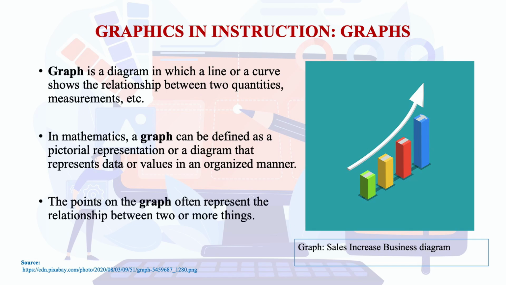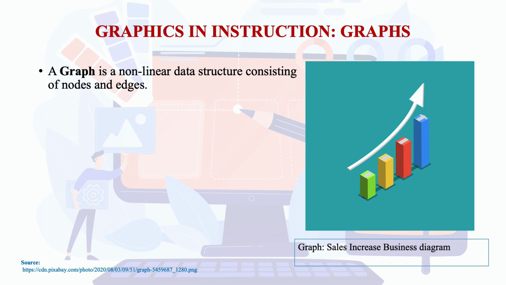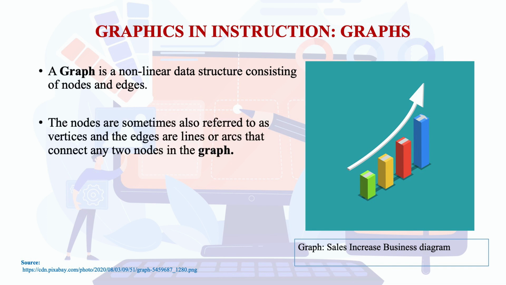The points on the graph often represent the relationship between two or more things. A graph is a non-linear data structure consisting of nodes and edges. The nodes are sometimes referred to as vertices and the edges are lines or arcs that connect two nodes in the graph.